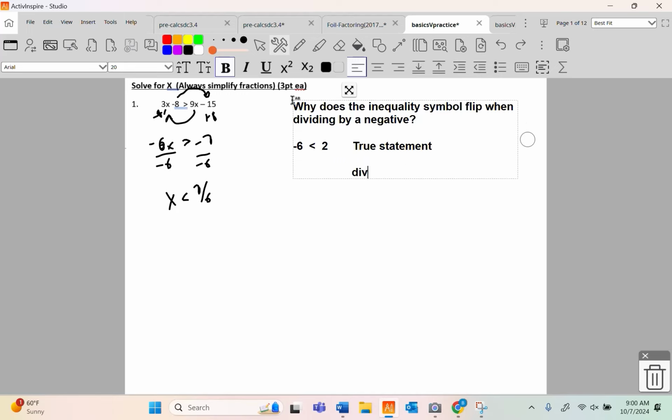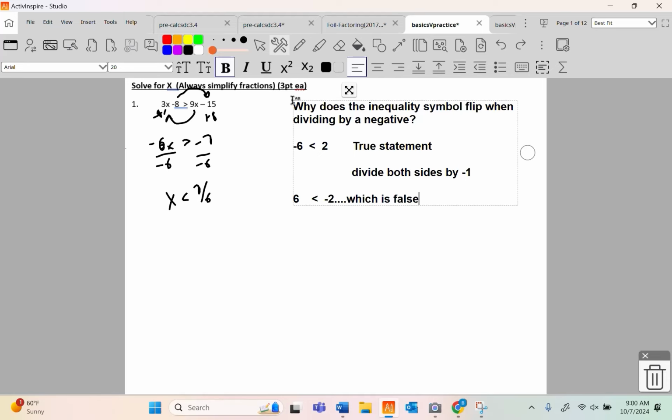If we divide both sides by negative 1, we would have 6 less than negative 2, which is false. Now, dividing both sides of an equation by the same thing is allowed. It's always been allowed.